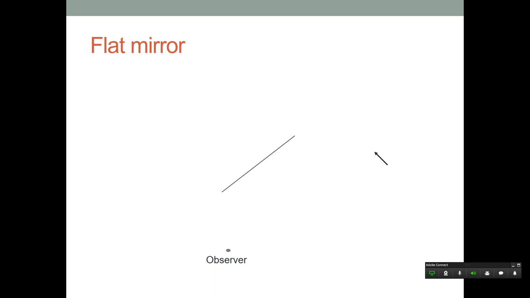Now, how do I find where my image is? How do I define the image again? It's where the what meet? What kind of rays do they need to meet in order to form an image? Reflected or incident? Yes, where the reflected rays meet, that's going to create the image. So here are my reflected rays. Here they're diverging, so converging is going to happen over here. So let's work backwards.